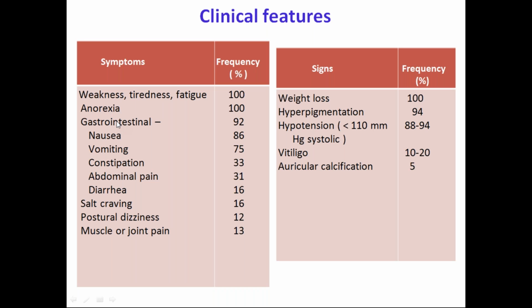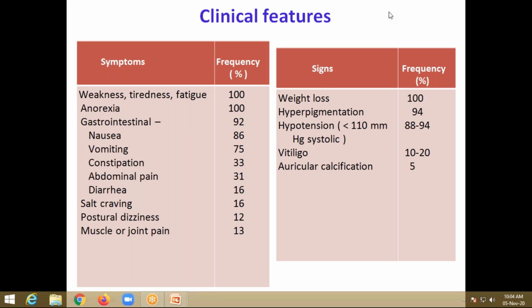The next are GI symptoms: nausea, vomiting, constipation and abdominal pain, postural hypotension, postural dizziness and muscle or joint pains. And the most common signs are weight loss, hyperpigmentation, hypotension, vitiligo and auricular calcification.